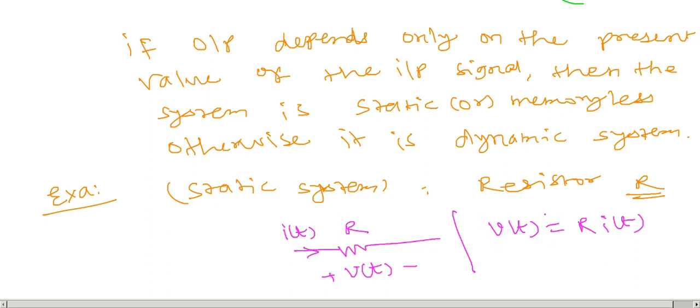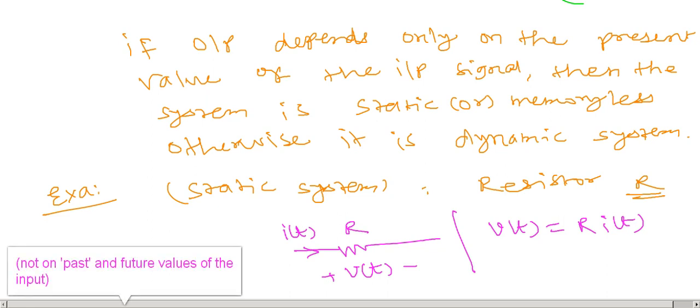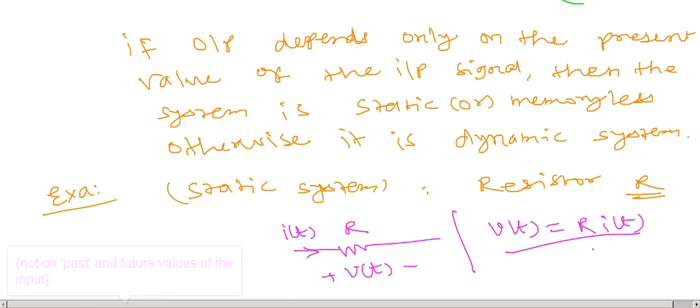This is the input output relation of this resistor. Clearly the output V of t at any time t depends only on that time instant, not on past and future values of the input. So this is a static system.